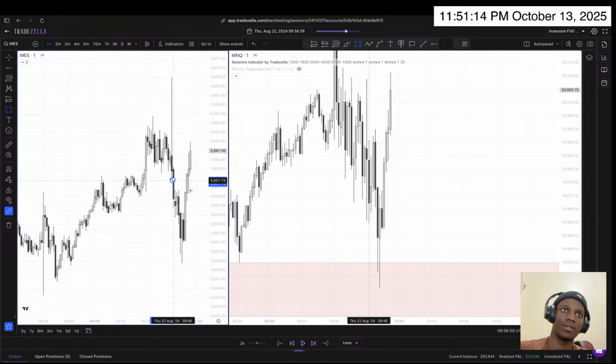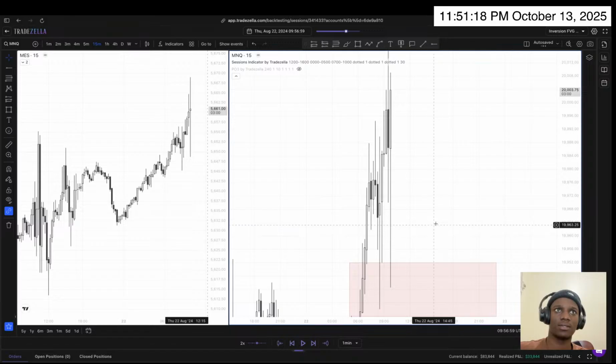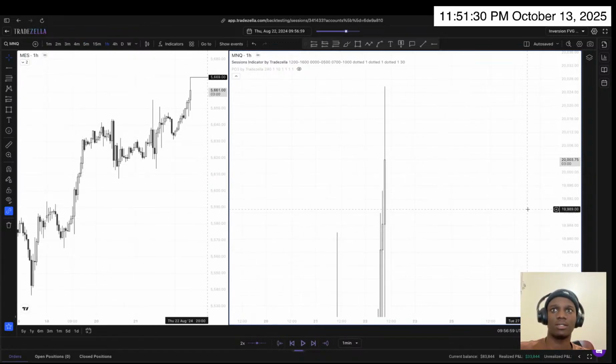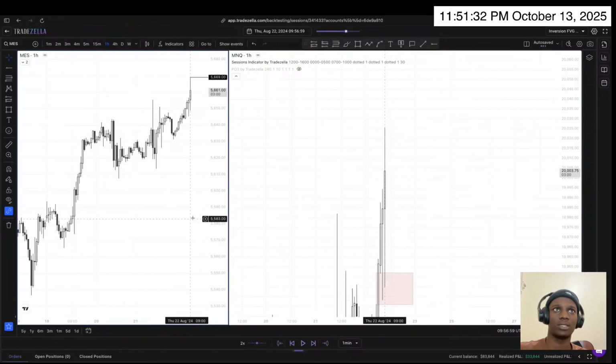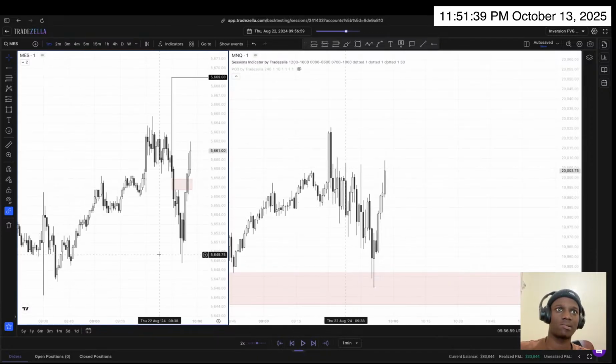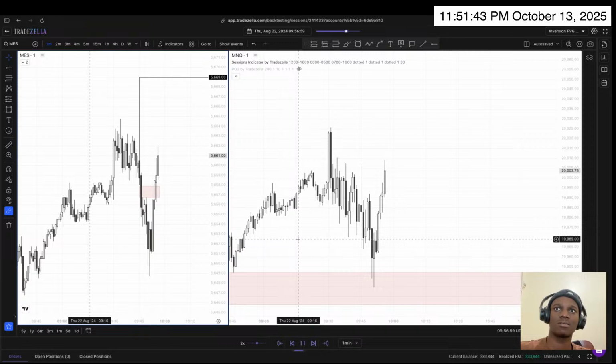Can we trade yes here though? Check 15. While there is something on this low here. Check the 1 hour. Not looking that good.